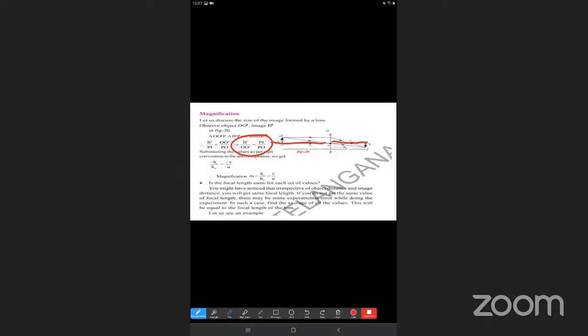So we can write I dash by O dash equals PI by PO. From this we can write minus HI by HO equals minus V by U as per sign convention.